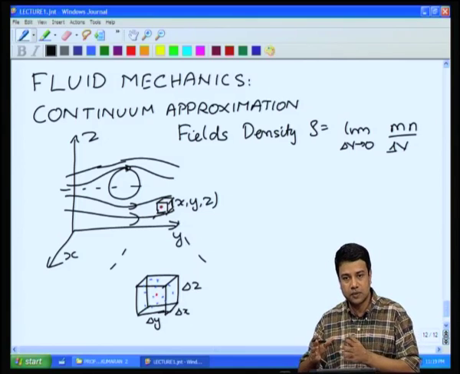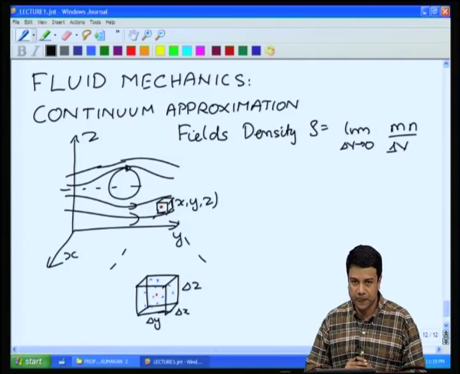This limiting value is unique, and that is the meaning of the density at one particular location.